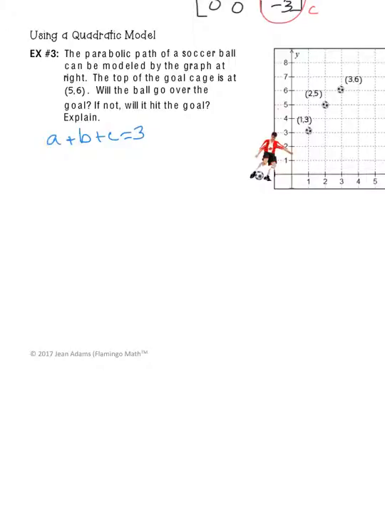For the second ordered pair of 2, 5, you should have 4a plus 2b plus c equals 5. And for the third ordered pair, 3, 6, you get 9a plus 3b plus c equals 6. So the matrix that you put into your calculator should have looked like this.